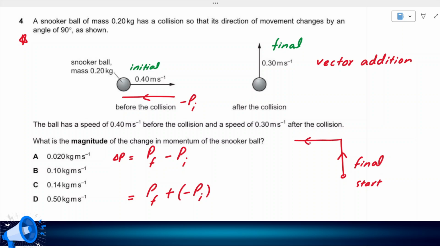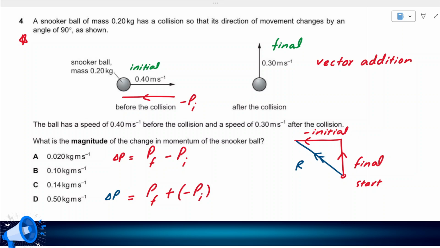This is my negative of initial. And now the resultant vector would be in this direction. This is the change in momentum. If they ask you to find the angle and all that, that's why I've drawn the triangle. They can ask you to find the angle with respect to north or with respect to the x-axis, anything. But in this case, we need to find the magnitude.